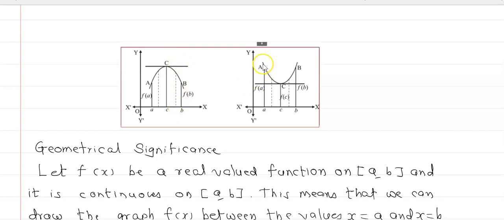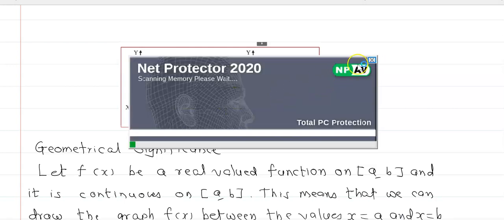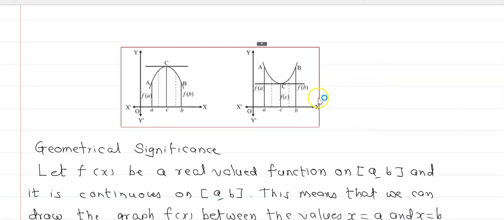In the same way, here is also a curve. These are the 2 points a and b. Their values are f of a, f of b, and here is f of c. The derivative at this point is equal to 0. It means the slope of the curve at that point is 0. Now see this again here.